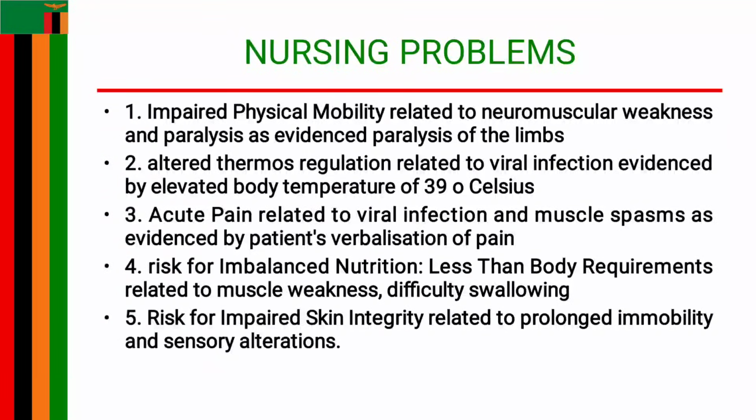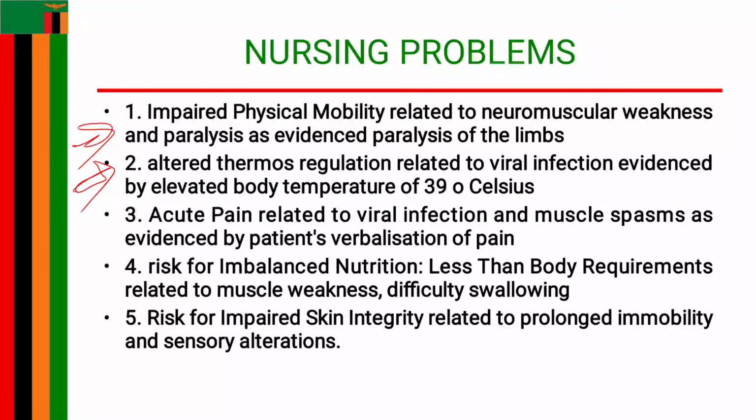Sometimes you may be asked for a nursing care plan, and some of the problems you can use in polio include impaired physical mobility related to neuromuscular weakness and paralysis, evidenced by paralysis of the limbs. These are nursing diagnoses that you can use in case you're given a nursing care plan, but at least try to complete these in terms of the goal, the interventions, and of course the evaluation that you can write.